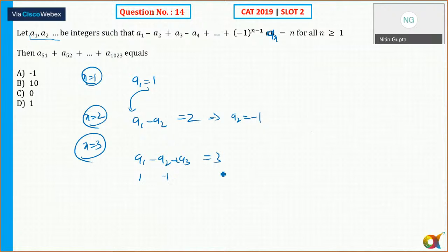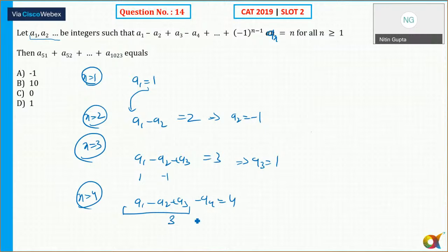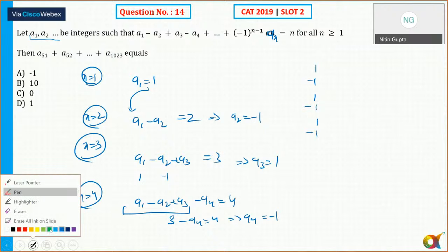A3 की value plus 1. Then a1 plus a3 minus a4, it is equal to 4. और ये जो पहले तीन टर्म है, getting a pattern. This one, always. And the question is 0, 2, 3.